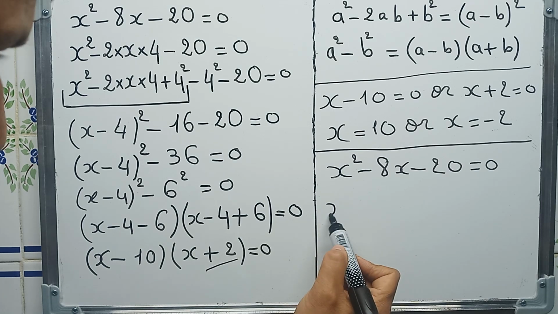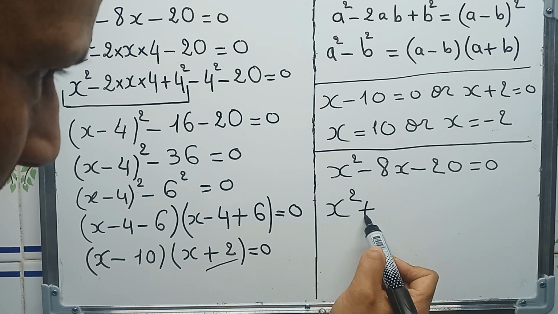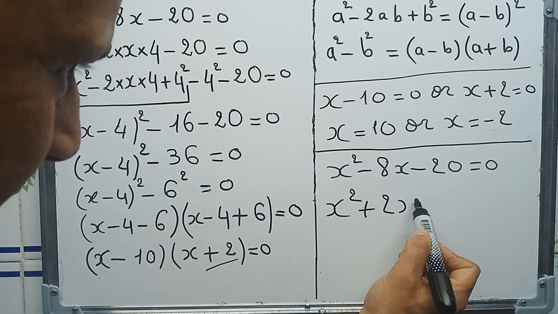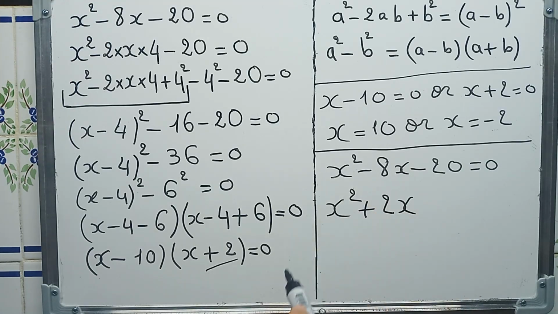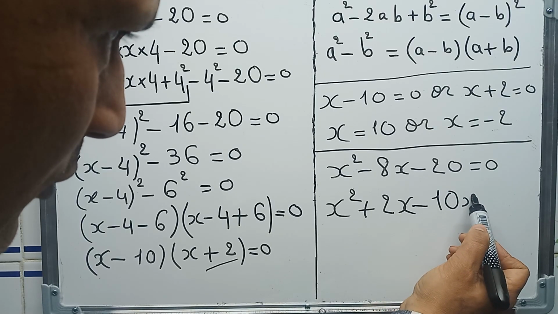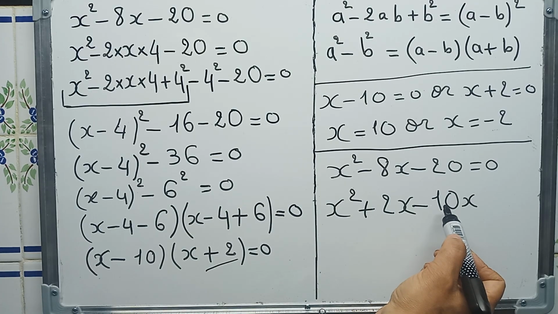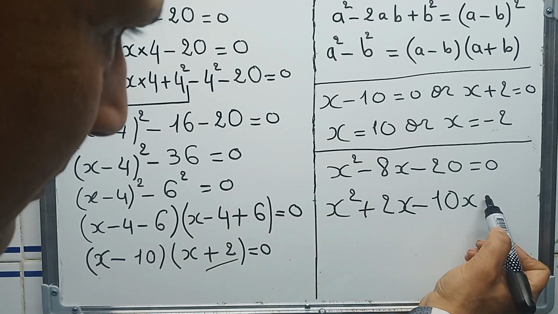We write x squared and this plus 2, passed here, plus 2x. Here we have minus 8, but we have here plus 2, so we need to subtract 10x to get our balance. Plus 2x minus 10x is minus 8x.